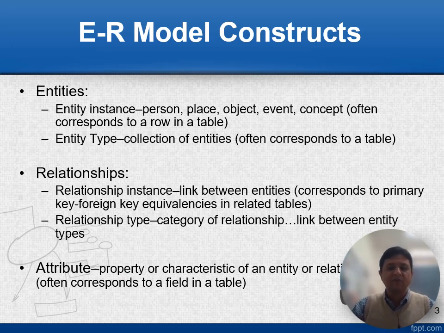Similarly, learning, when it is modeled at the entity types level, for example, when I say that students are learning the subject, we are modeling the relationship at the entity types level, so it would be referred to as a relationship type.